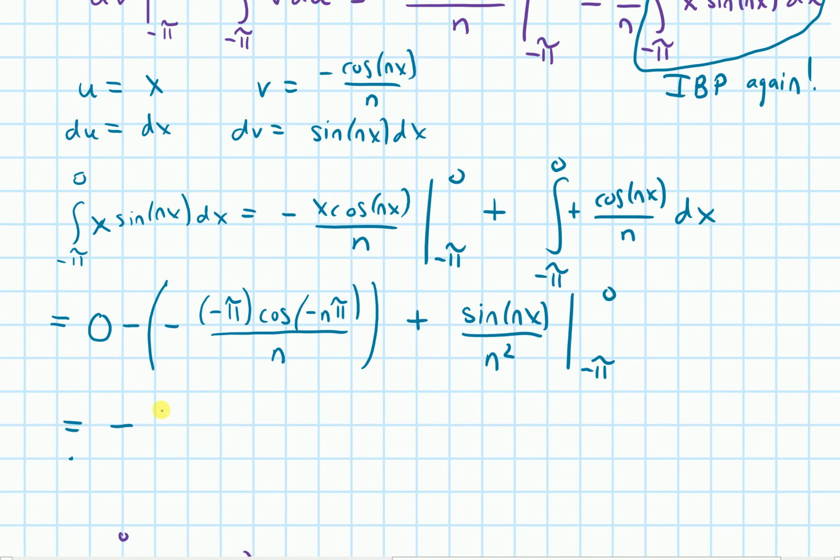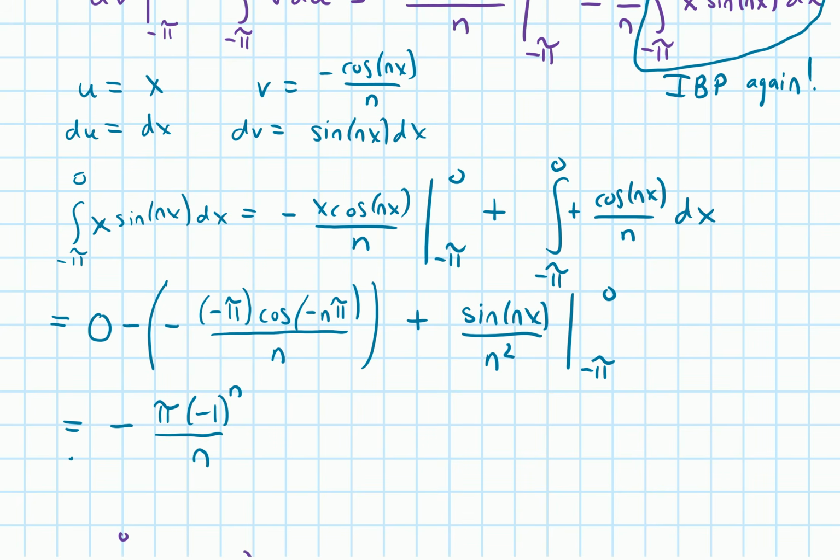So we have a negative pi, and then cosine of negative n pi is also negative 1 to the n, because cosine of negative n pi is the same thing as cosine of n pi, because cosine is an even function. All right, so we have this, and then over the denominator, so the denominator was n.